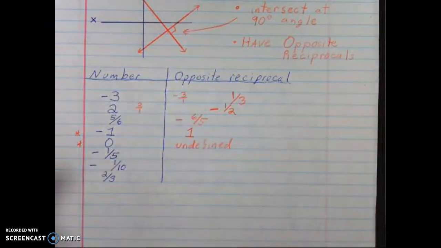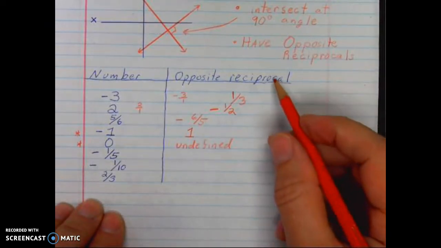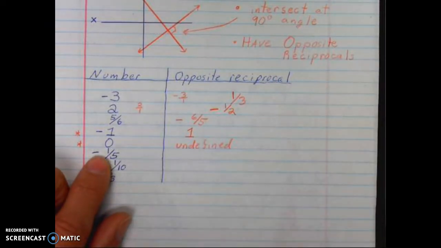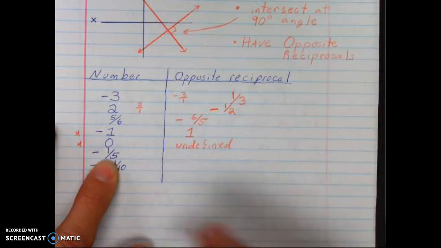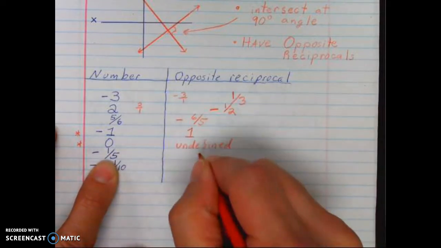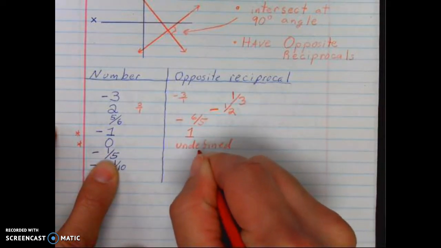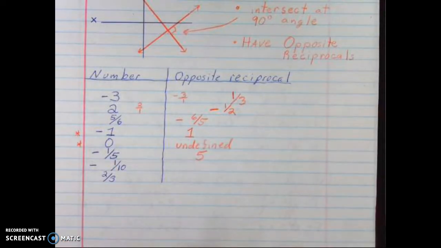But let's get back to finding regular opposite reciprocals. So this time we have -1/5. So we're going to make that positive, and if we flip this upside down, we can just change it to a 5, because remember, it's 5/1.